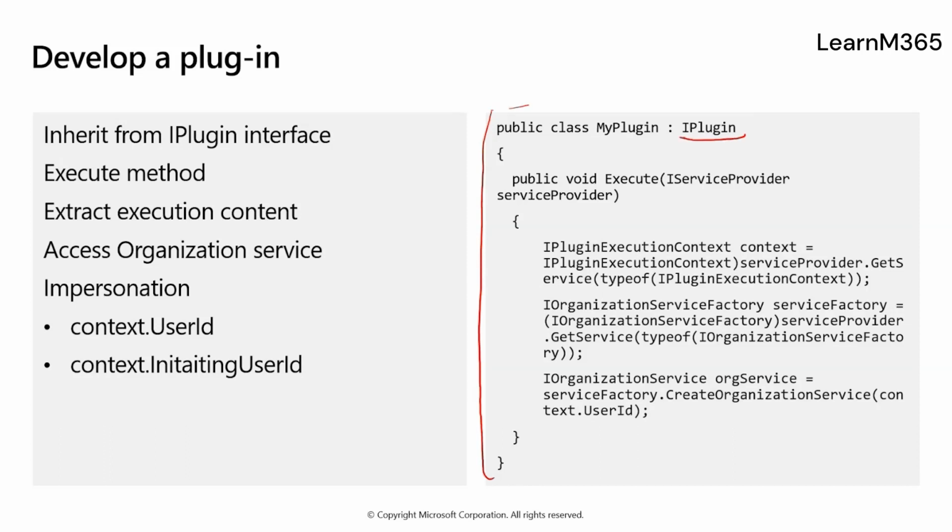The IPlugin interface is inherited, and in the Execute method I have this IServiceProvider, and with the help of the IServiceProvider GetService method, I would be able to fetch the execution context, right? And once we have the execution context, we can fetch the user ID, and we can fetch initiating user IDs. These options are also possible.